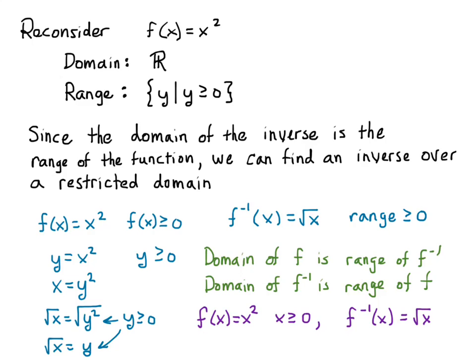So if this is f(x) equals x squared, where x is greater than or equal to 0, then I have this thing here, where my f inverse equals the square root of x. And of course, what's suggested here with the square root of x is that the domain of that inverse has to be x is greater than or equal to 0 as well.